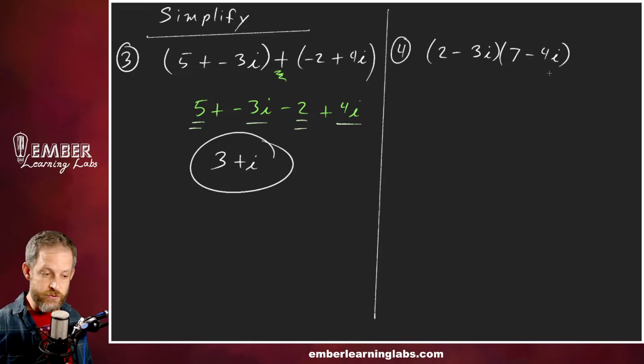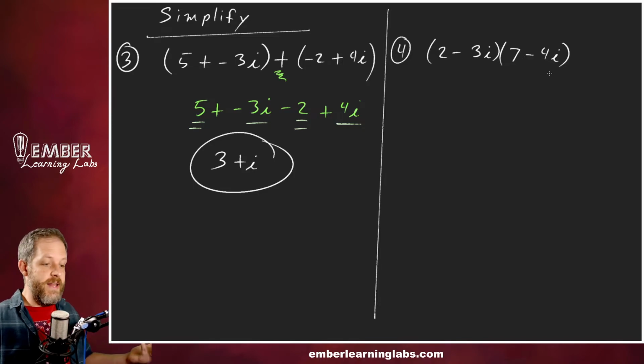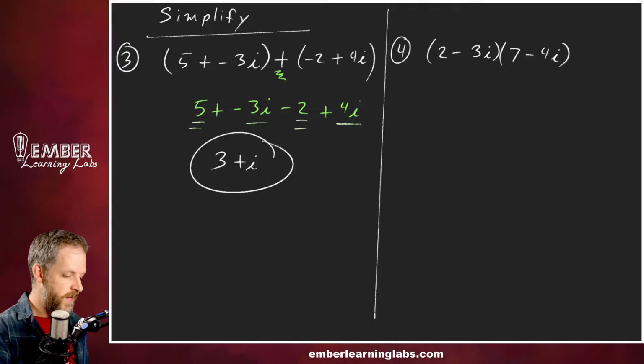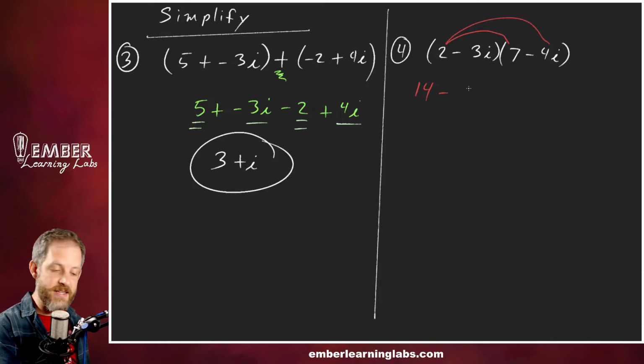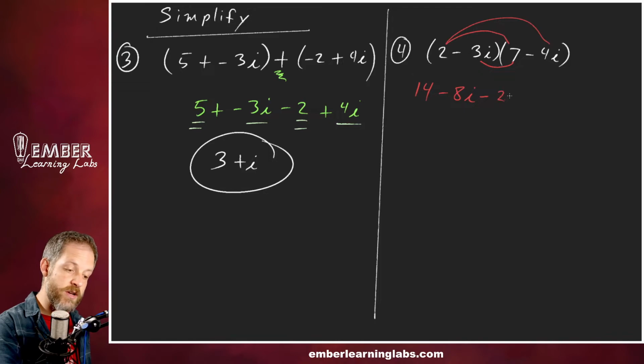Now that looks like a distributive property or a FOIL problem, and that's exactly how we're going to solve it. We're going to distribute. 2 times 7 is 14. 2 times negative 4i is negative 8i. Negative 3i times 7 is negative 21i.